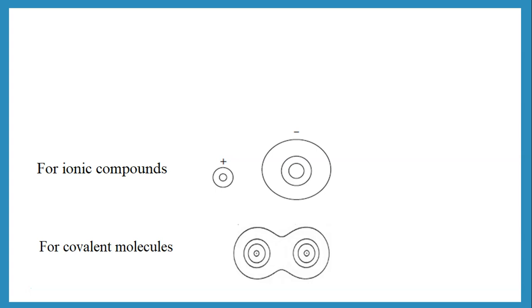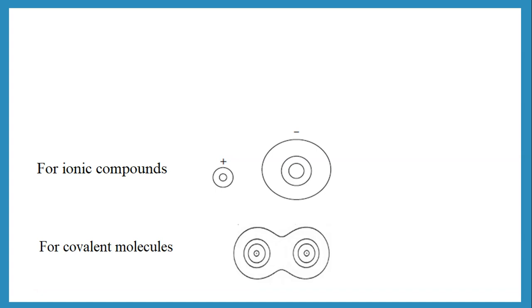Now, we can indicate these compounds by drawing lines to show that if it is ionic, the electrons of one atom are separate from the electrons of the other atom. So the positively charged cation has its electrons in these shells, so these are drawn as contour lines.